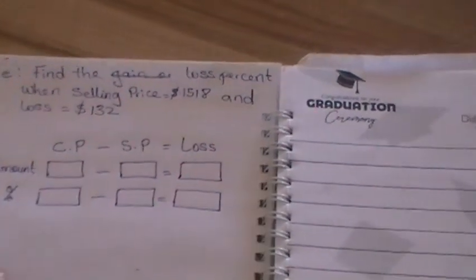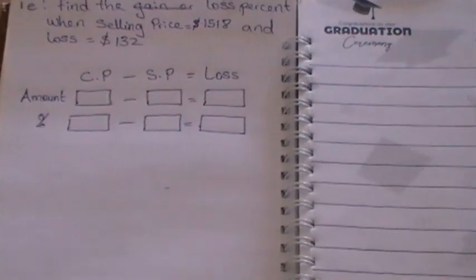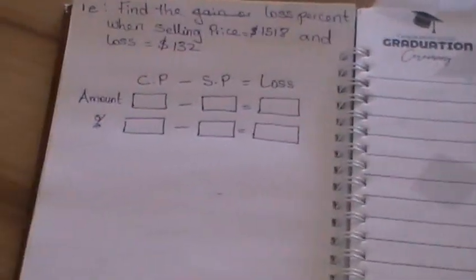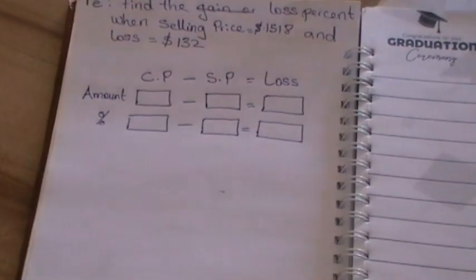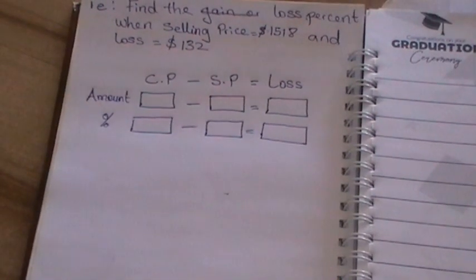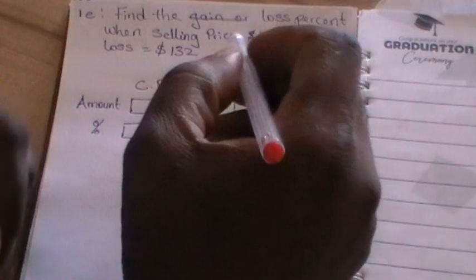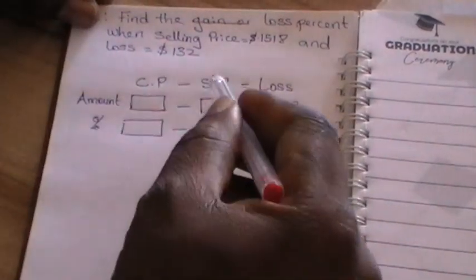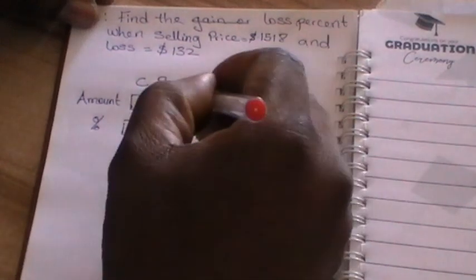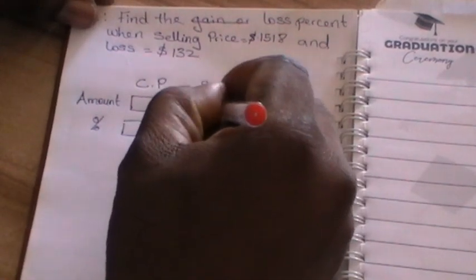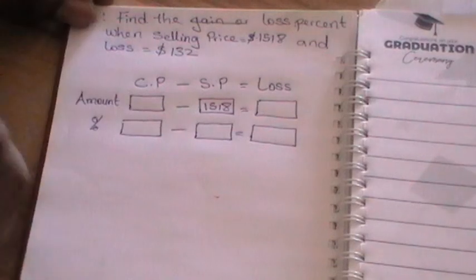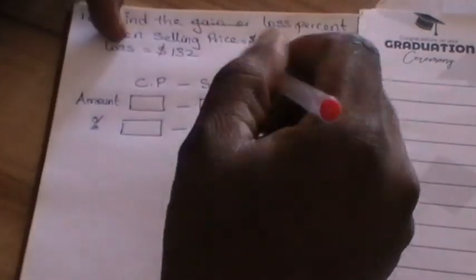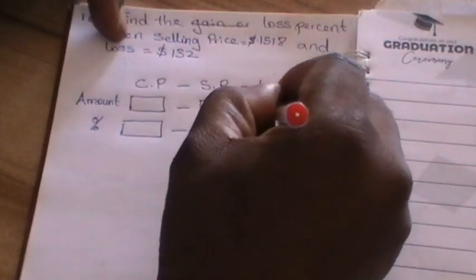Now, let's go to the spreadsheet and see how it goes. We are given the selling price here, so we go to the selling price amount, 1,518, right? We are also given the loss, which is 132.